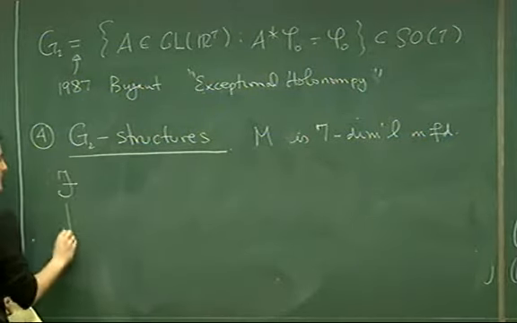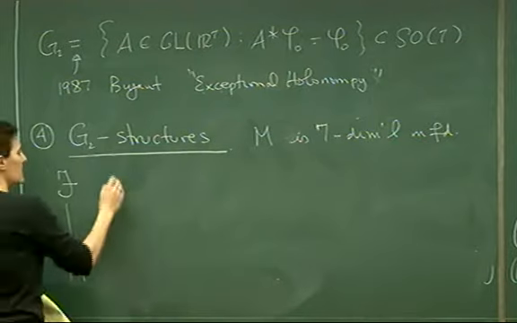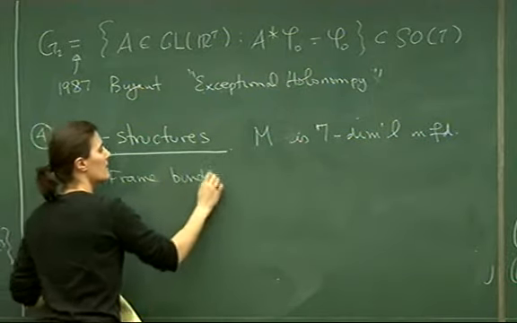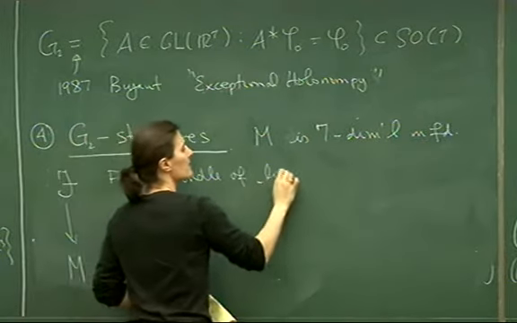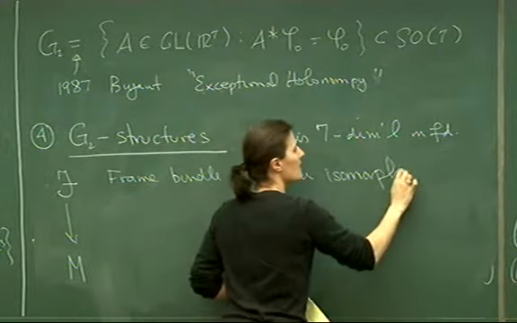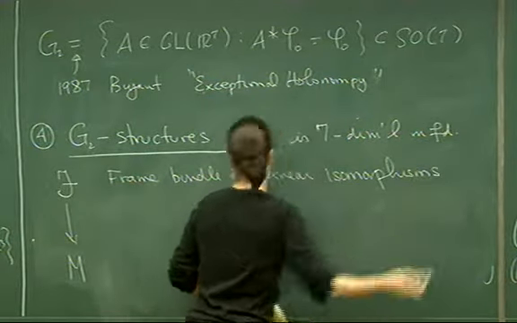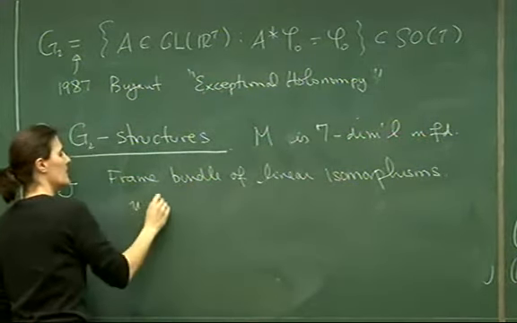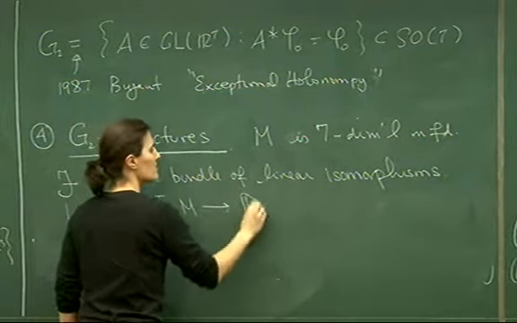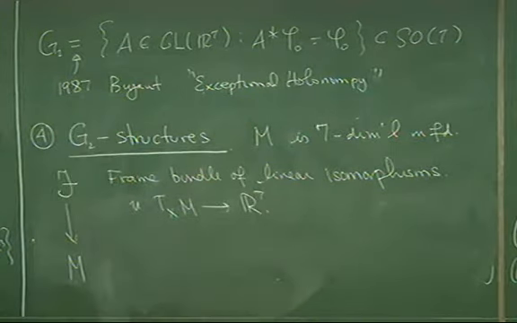And let's start with F over M, which will be the frame bundle of linear isomorphisms u from the tangent space at a point of M into R7.